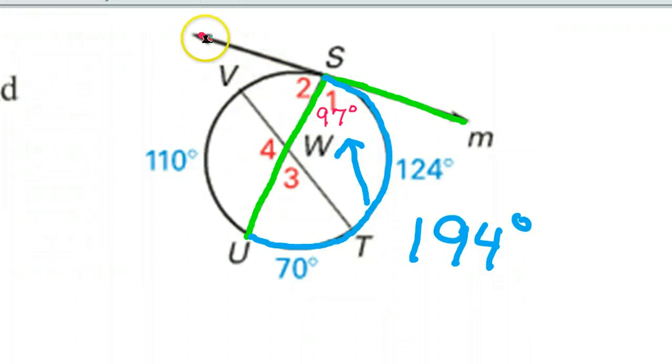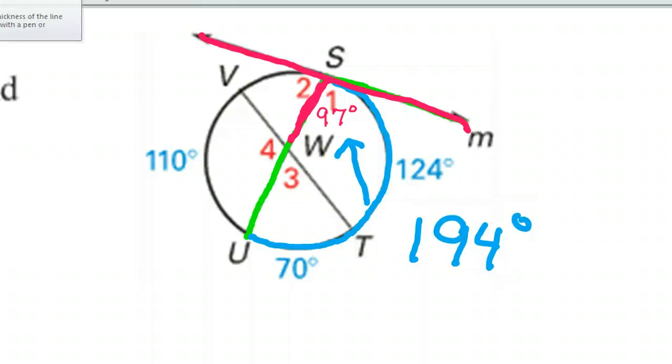Do you see? Angle 1 and angle 2 together make this straight line. And we know that if you split a straight line into two angles, the two angles together make 180 degrees, just like a semicircle. So I should be able to subtract 97 from 180 to find angle 2.